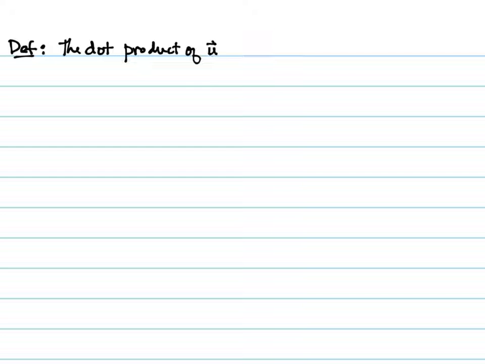All right, so first, a definition. The dot product of, and we'll write it down for 2 dimensions first, the vector u with components u1, u2, and v with components v1, v2, looks like this.